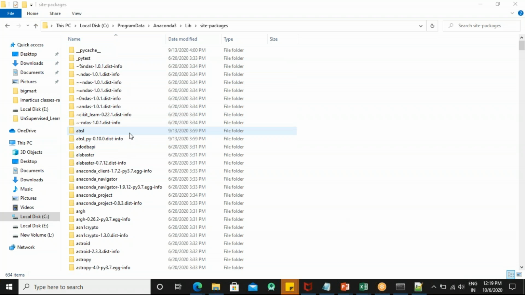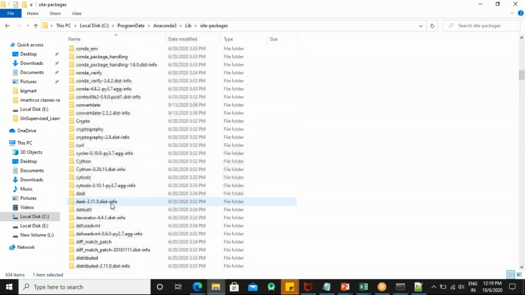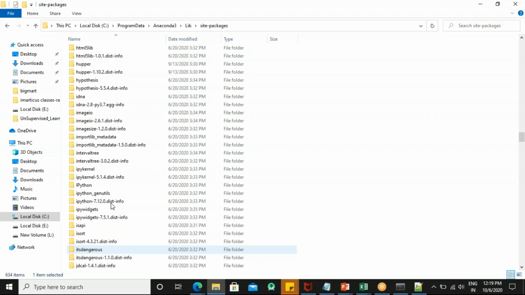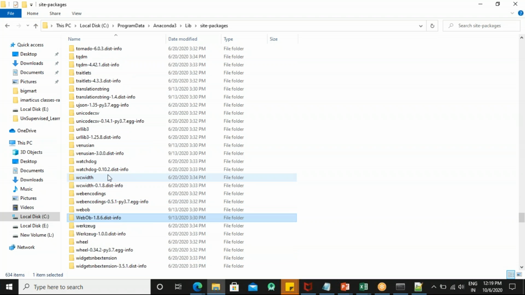This is the actual system which is running your Anaconda. If I delete any folder from here, it may corrupt the entire Anaconda. If you make any code change or any folder deletions, it may corrupt your system, or some specific functionality, not the entire Anaconda.